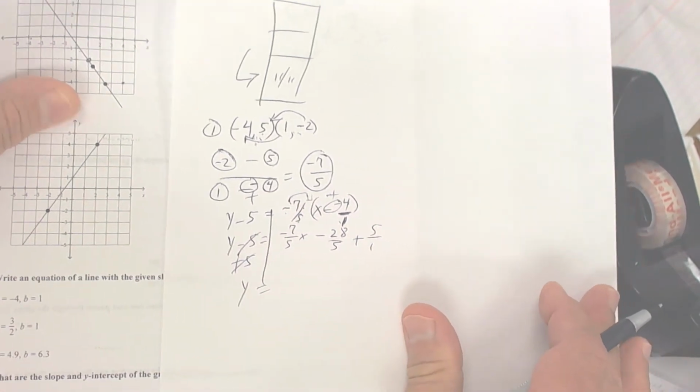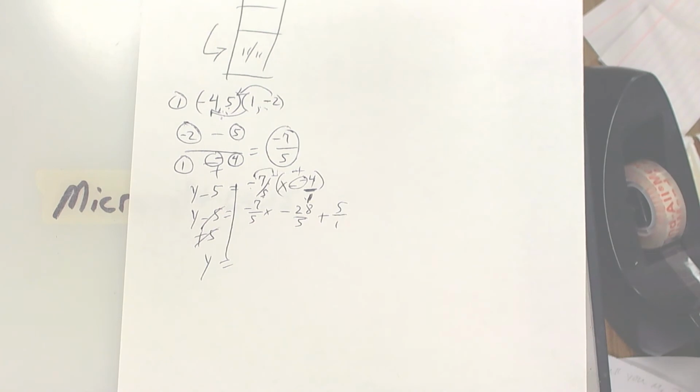Okay? So now at this point, we're going to go ahead and finish this thing up. So, we're going to find the least common denominator and see what happens. Okay. So before I go any further, what I was checking here is this.